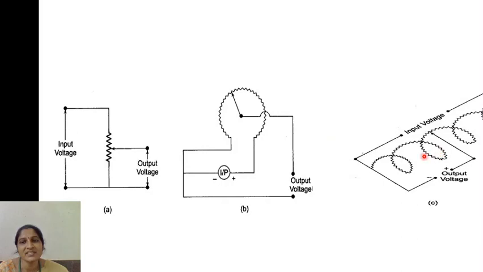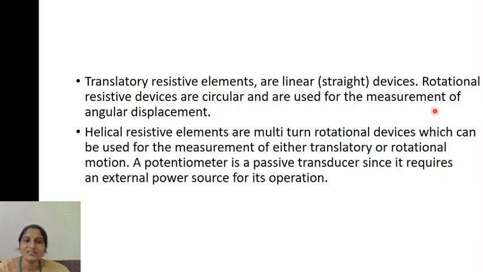All these require input voltage, so these are called passive transducers. As we have discussed, translatory resistive elements are linear, that means straight devices, whereas rotational resistive devices are circular. The wiper moves in a circular direction, and these are used for the measurement of angular displacement, whereas translatory ones are used for straight displacement.